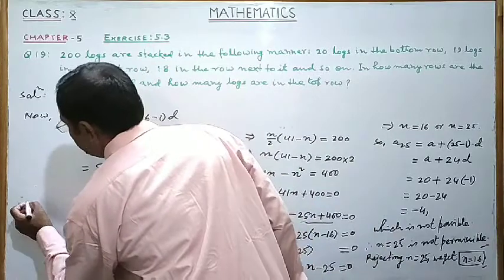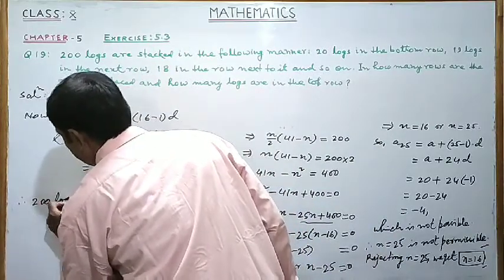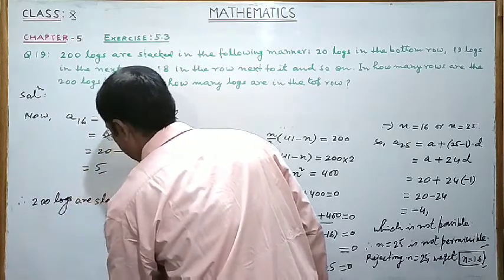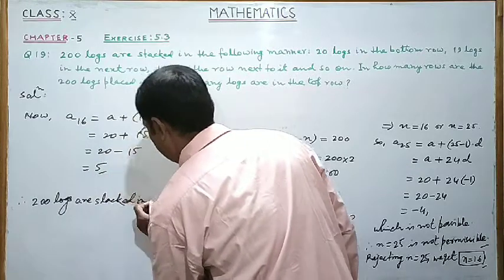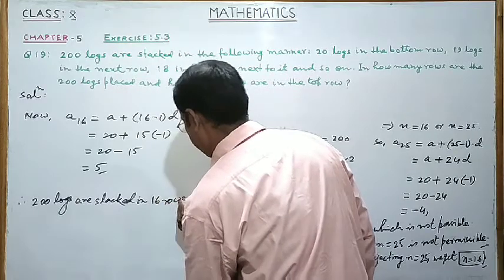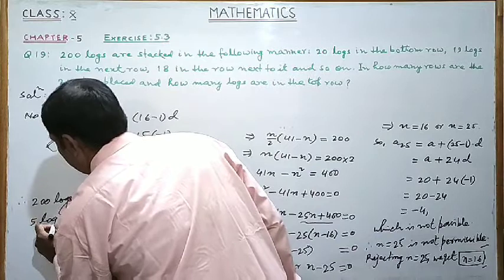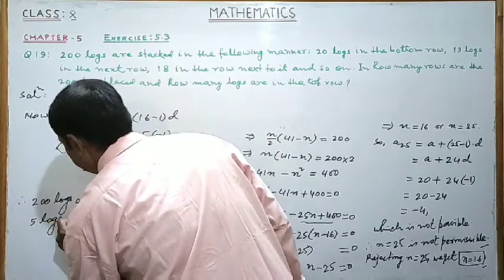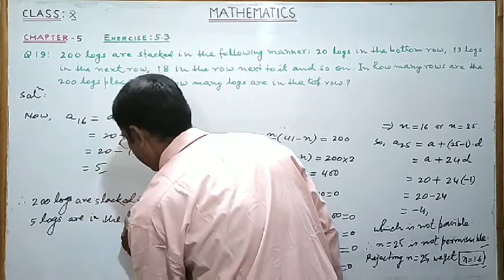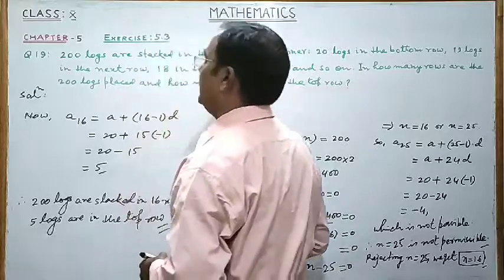So therefore we can say that 200 logs are stacked in 16 rows and 5 logs are in the top row, and this completes the solution.